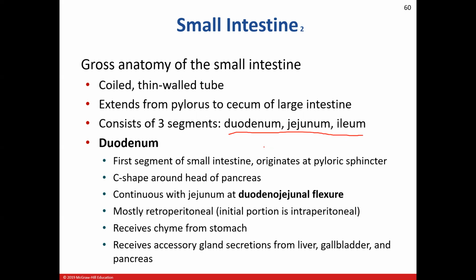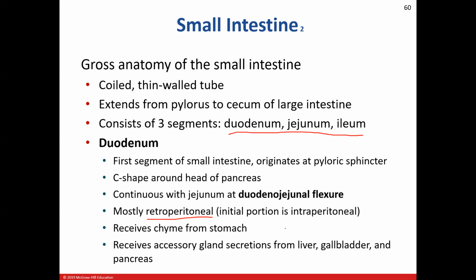Now, it's important that you understand that the duodenum, all right, the first segment of the small intestine, is mostly retroperitoneal, which means it sits behind, all right, the peritoneum, that serous membrane there. And we're going to talk about different parts of the lower GI tract, that some portions are going to be retroperitoneal, and other portions are going to be what we call intraperitoneal, which means they will reside inside that serous membrane here.